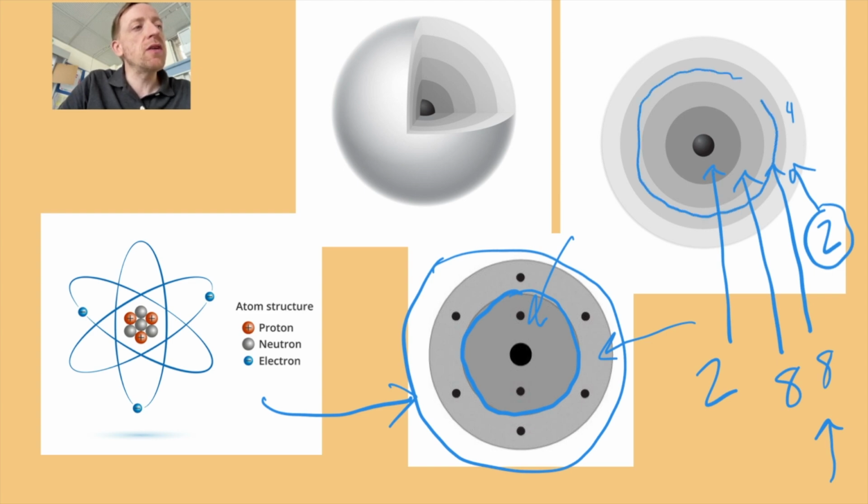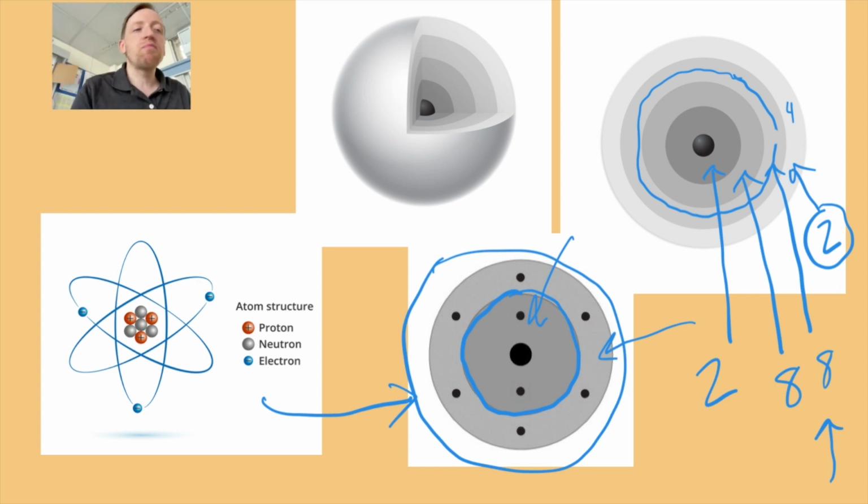So this third energy level, you will often see can contain many more electrons, but what happens first is we go 2 there, 8 there, 8 there, 2 there, and then the electrons start filling up this third level more, and then it continues to grow.